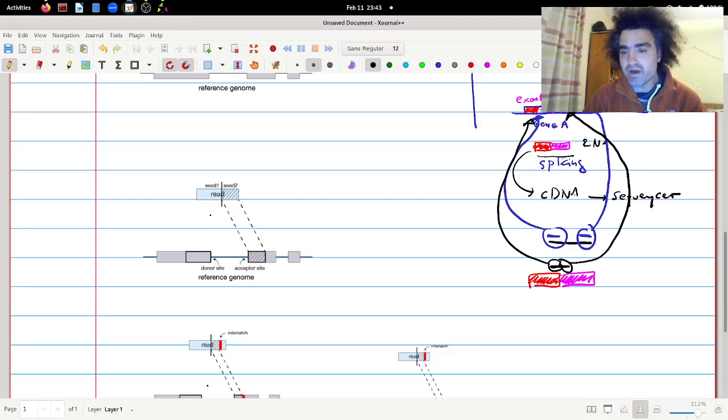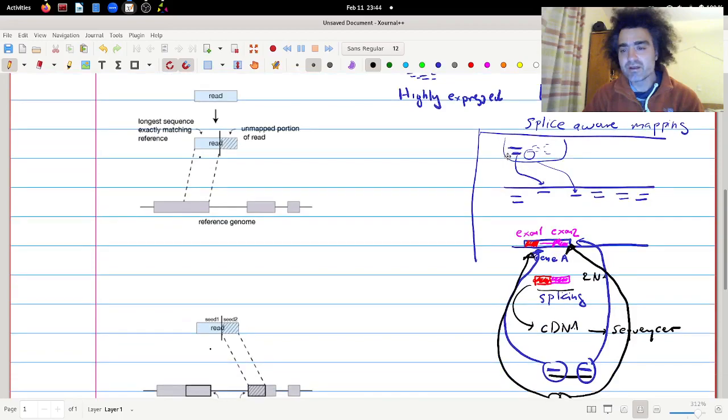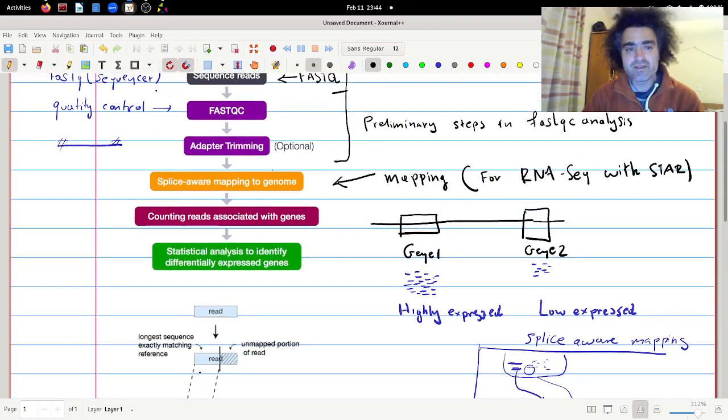Remember that we map the reads to a reference genome, so to a whole genome actually. And therefore the distance between these two locations might be quite large, depends on the intron. Okay, therefore we need some special way of mapping, and this is the splice-aware mapping to the genome.